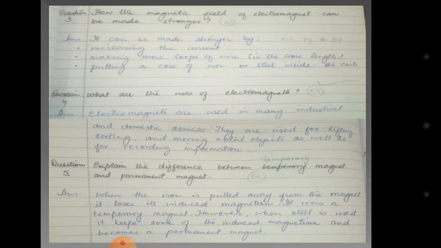Difference between temporary magnet and permanent magnet. As the name indicates, temporary means for a short time period, permanent means permanently. So what is the difference? When the iron is pulled away from the magnet, it loses its induced effect.